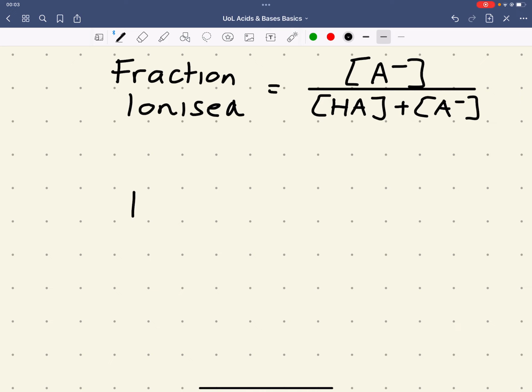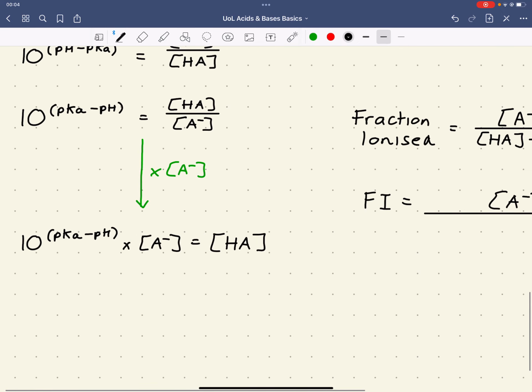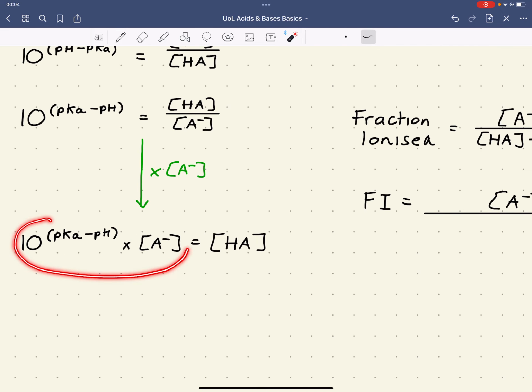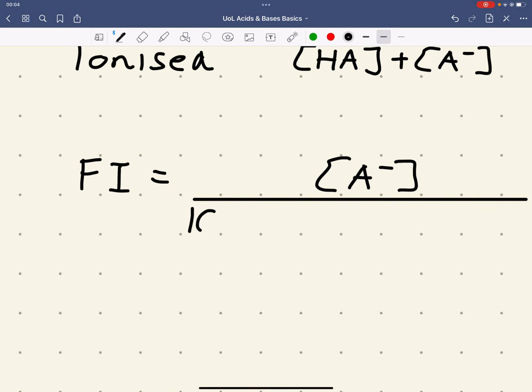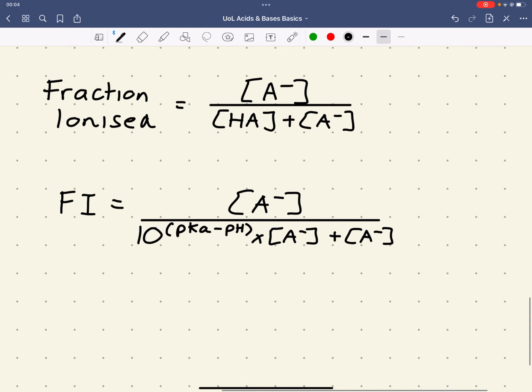So my fraction ionised, which I'm just going to call Fi, is now equal to A minus concentration over all this here, which is also obviously equal to HA. So that's 10 to the power pKa minus pH times the concentration of A minus, plus the concentration of A minus.